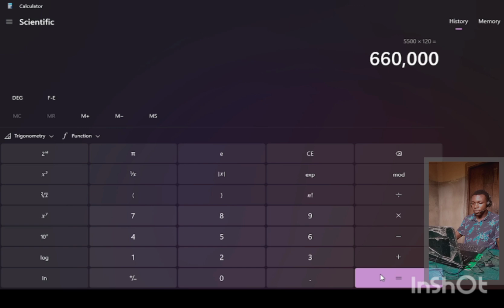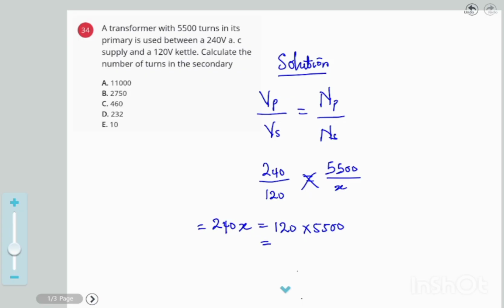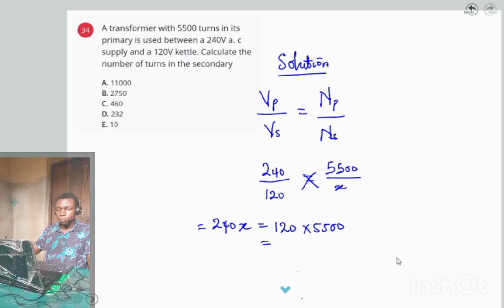Now that we have 660,000, we might want to get back to our board. Okay, so we have 660,000 is equal to 240x.